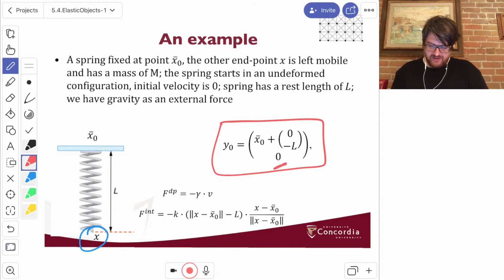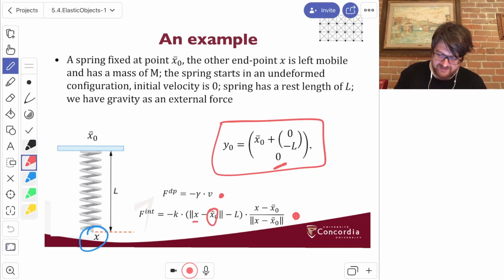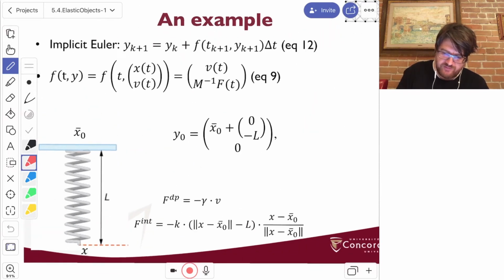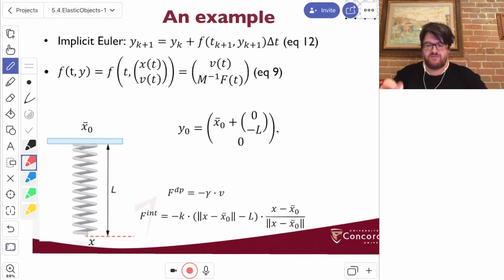And we can write also the damping force, it just depends on the velocity, nothing new here. But here I wrote the internal forces using the formula before, but plugging in the variables that we have here, x0 bar and x. So let's see, we said that for springs we have to do implicit Euler, so we took it from before. yk plus 1 equals yk plus f of tk plus 1 and yk plus 1 times delta t.